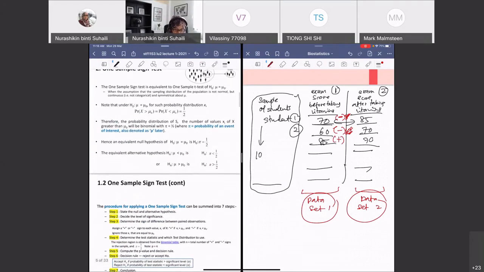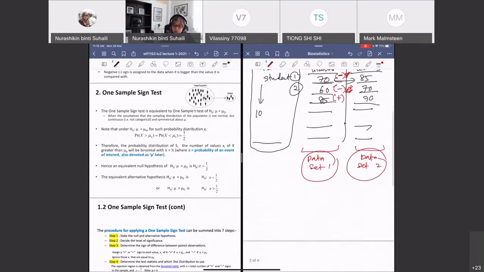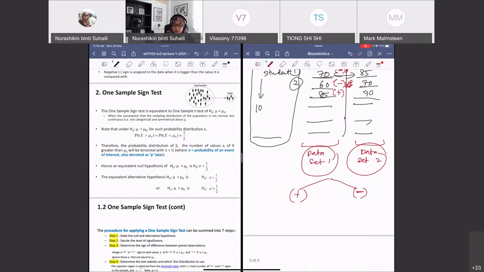Since we are only concerned with two outcomes, negative or positive, the probability can be said to be, in any situation, that the data can have a 50% probability of being more, or 50% of being less, correct?